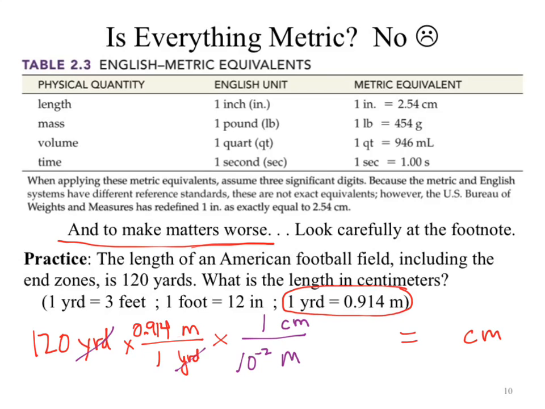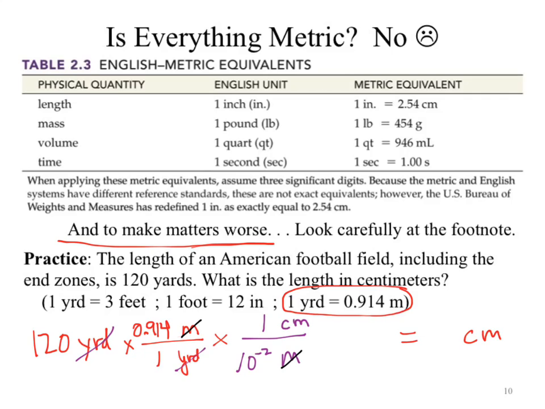If we now follow our units a second time, our meters cancel, and we'd be left with centimeters as a unit. Is that what we want for our final answer? Yep. Now we can go through and punch it into the calculator.